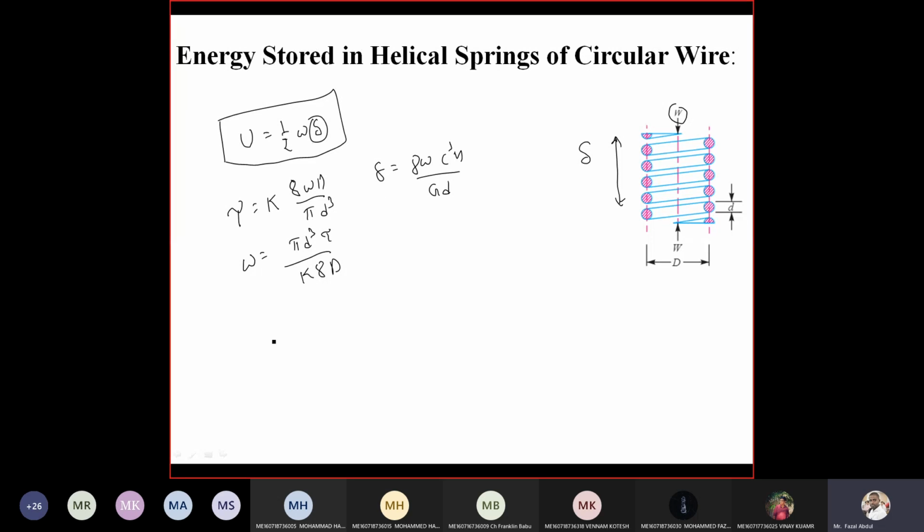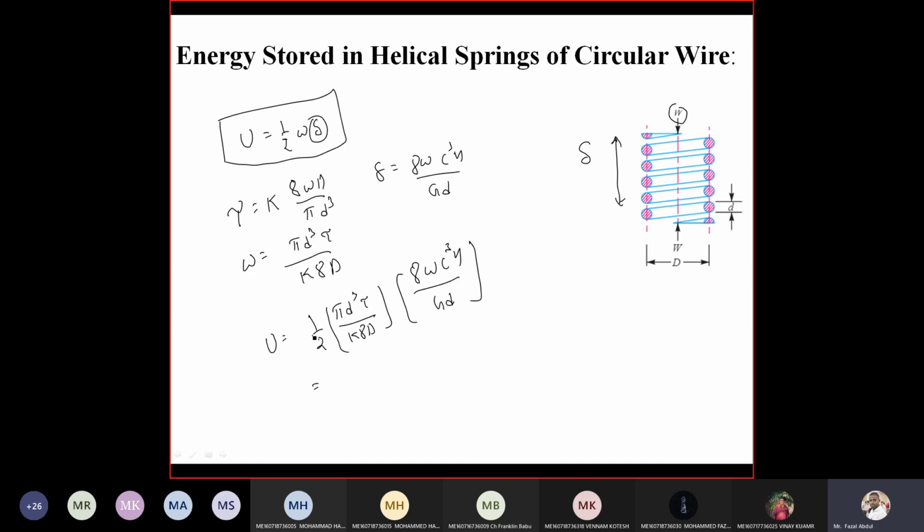So substitute these two values here. Internal energy U equals half into pi into D cube into shear stress by K 8D, into 8W cube into N by GD.